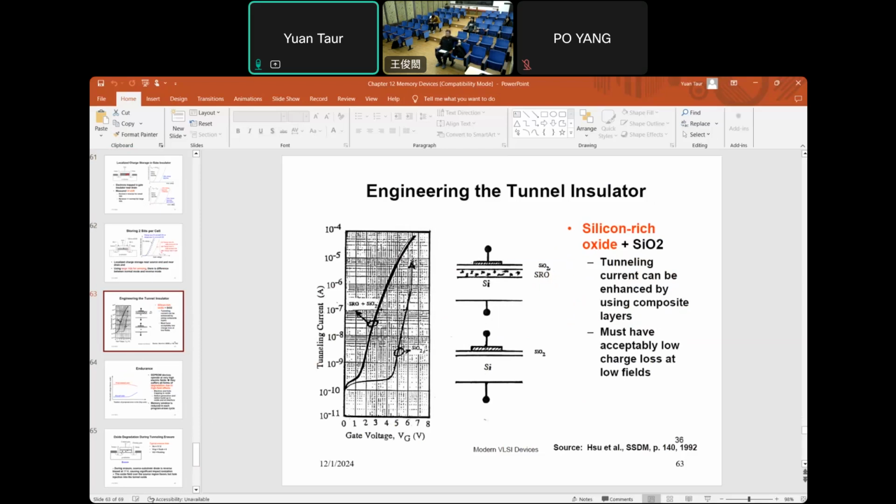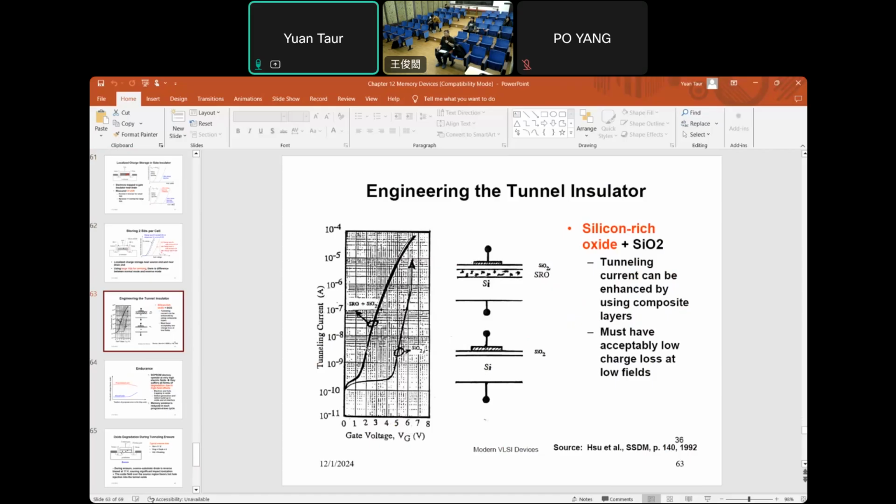But you can intentionally put in the so-called silicon-rich oxide, SRO. In that case, the current becomes more gradual, instead of a very low current and then, at 5 or 6 volts, suddenly the current jumps.